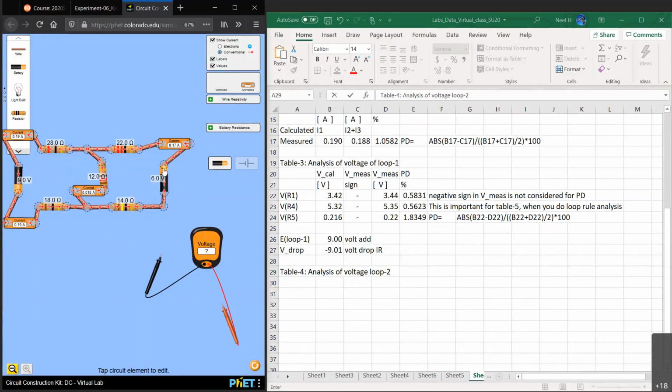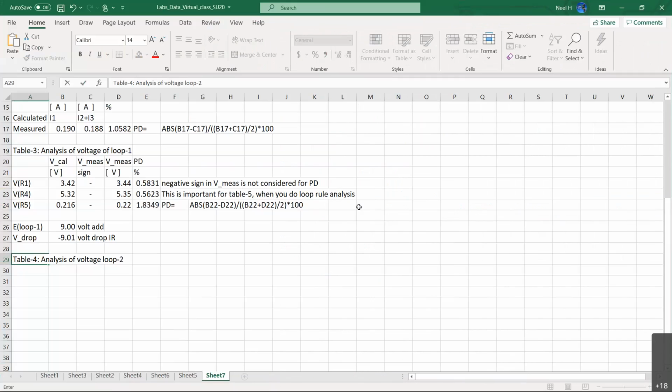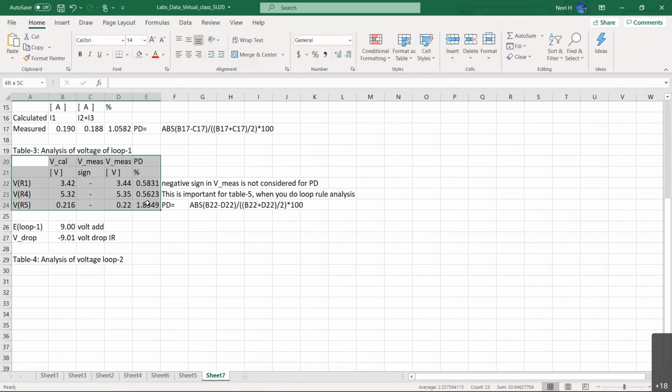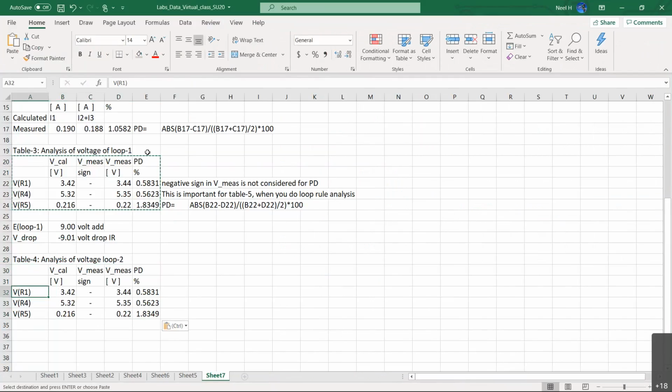Loop number 2, current passing through loop number 2 is 0.17 on this segment, and in the middle segment 0.018. Okay, so let's build that table here. It's the same table actually, right? So the VCal, we measure, all of those information should be there. So I can actually copy paste this directly into here. It's going to be about the same table, but these are different now.